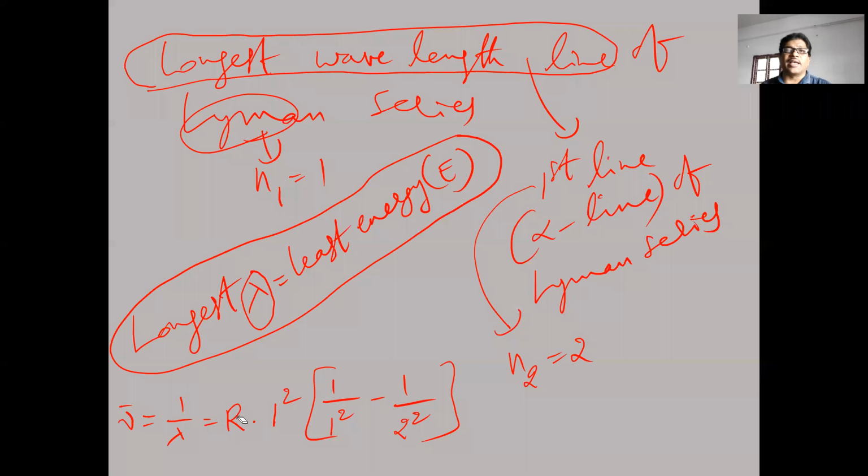If R value is taken in meter inverse, nu bar will be in meter inverse. So nu bar is equal to 1 by lambda is equal to R into Z square into 1 by n1 square minus 1 by n2 square. This is Rydberg's equation. Like this, n1 value, n2 values we have to understand without any confusion. This is a very important part of hydrogen spectrum. Is that clear? Let's take it first.